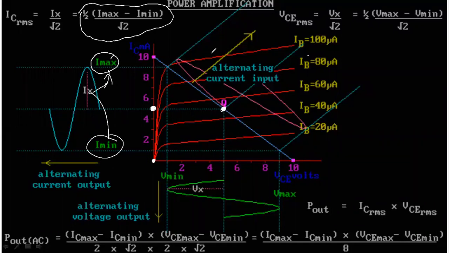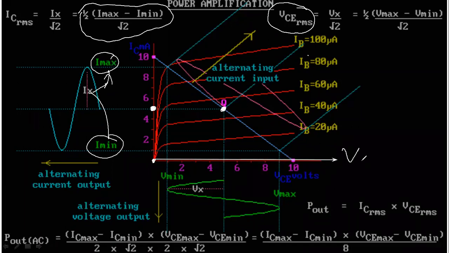Similarly, you can derive an equation for the RMS value of the VC. When you fluctuate the IC value, VCE also fluctuates, and based on the peak values, you can compute the RMS value for the VC. Assume when you fluctuate this IC value, this axis represents the VCE variation.